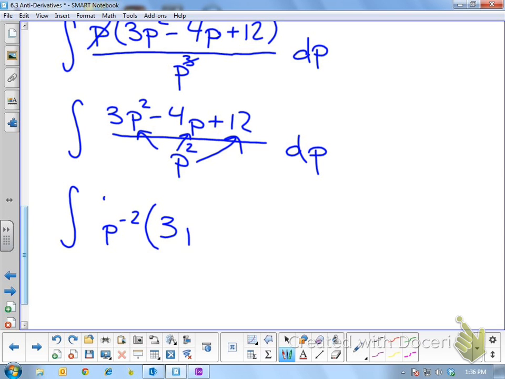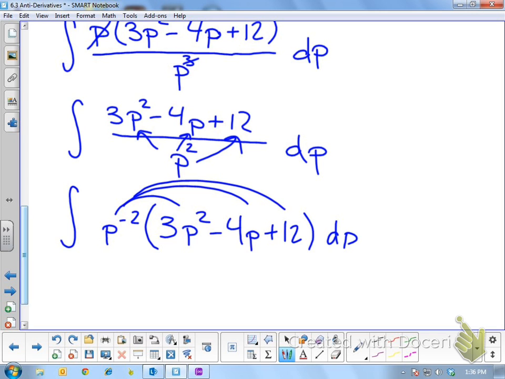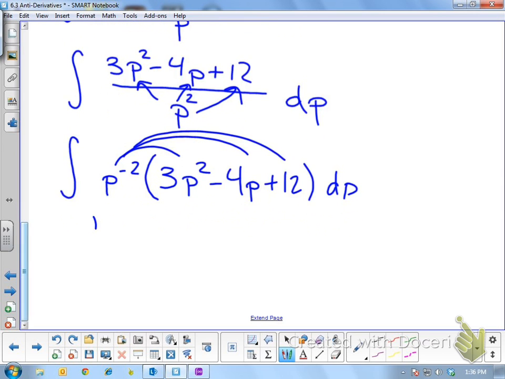Times 3p squared minus 4p plus 12, and then we would have to distribute this in. So if we have p to the negative 2 times 3p squared, they cancel. So we would just have 3.